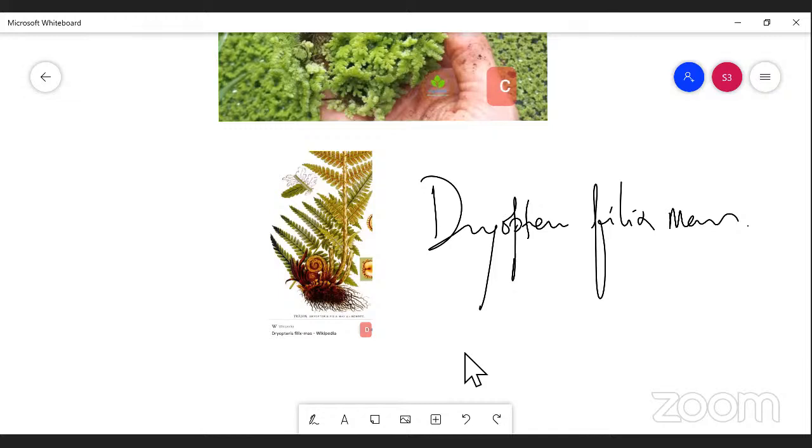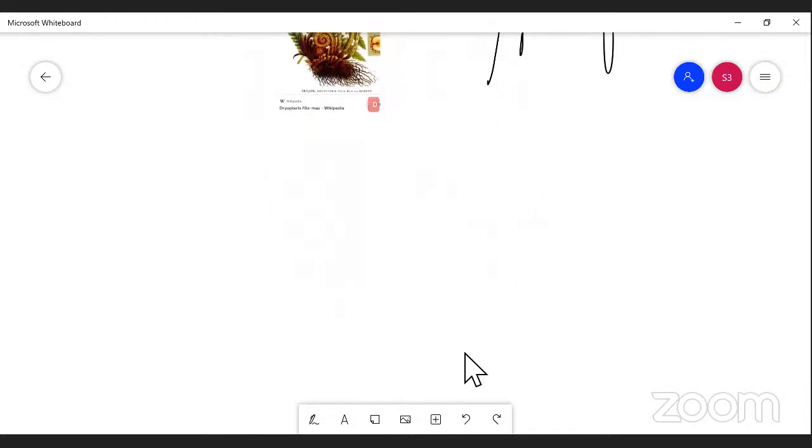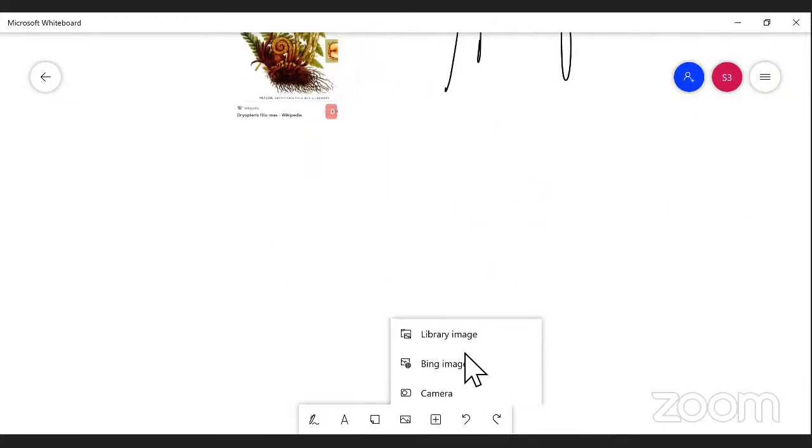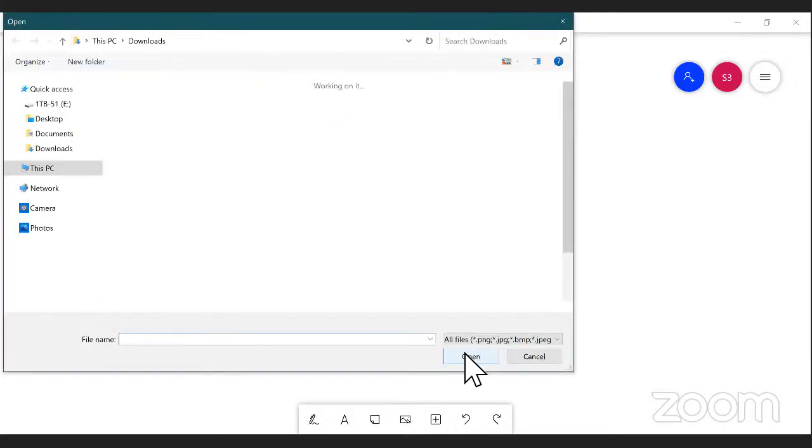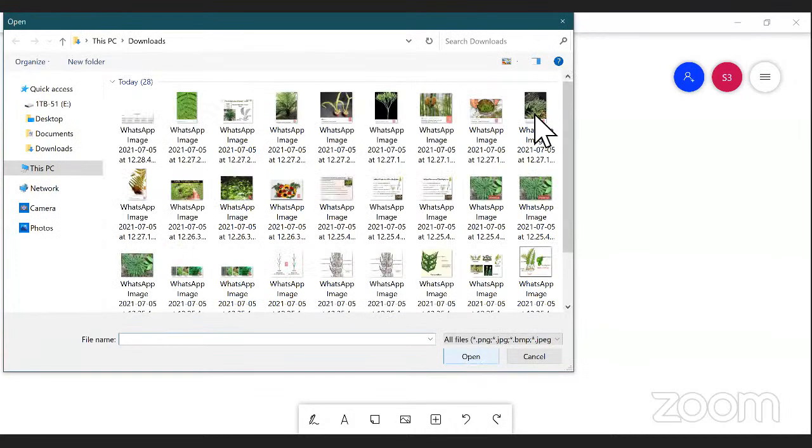And one more plant I am going to show you, a pteridophyte. It is a very interesting plant.